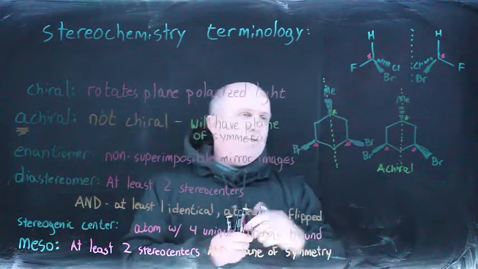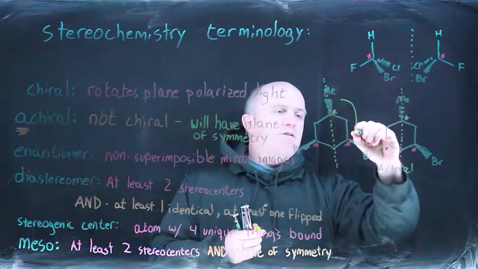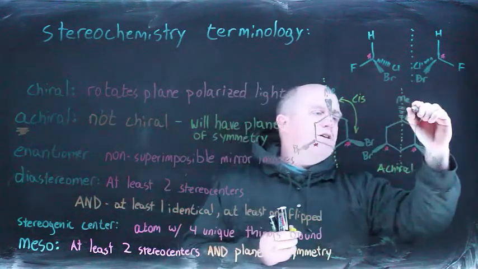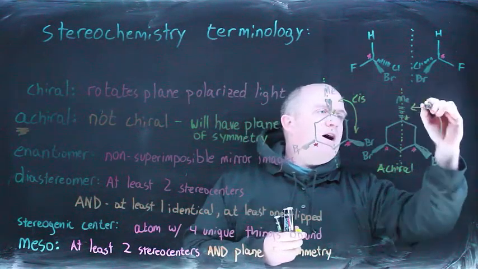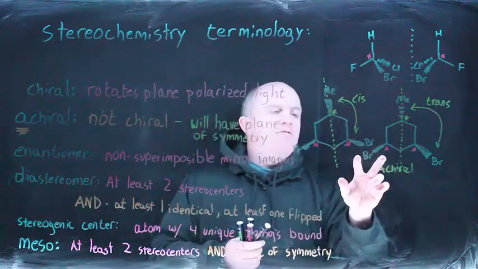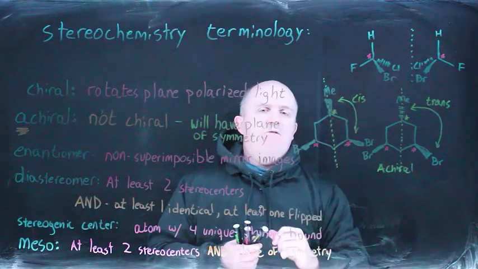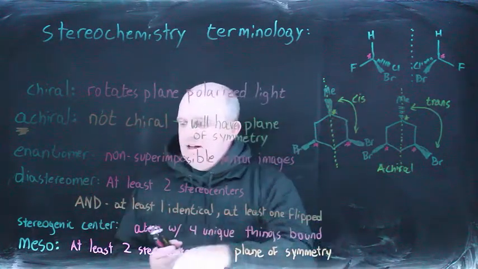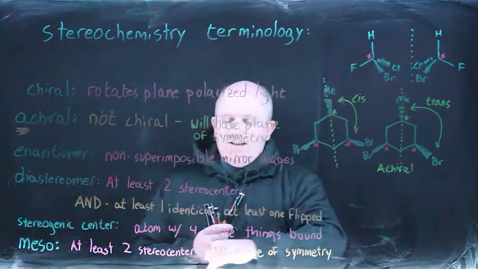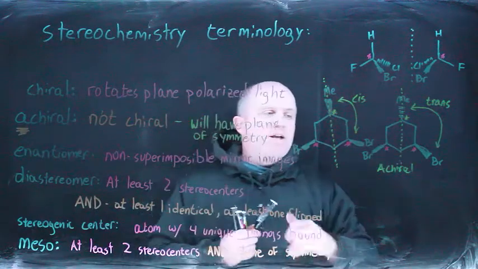The relationship between this methyl and this bromine, they are on the same side of the ring as each other. That we call cis. The relationship between this methyl and this bromine, which are on opposite sides of the ring from each other, we call that relationship trans. I've illustrated diastereomers with these 2 molecules so far because I wanted to illustrate one more point, and that is that there are compounds that we call meso that contain at least 2 stereogenic centers and yet are not chiral because they have a plane of symmetry.